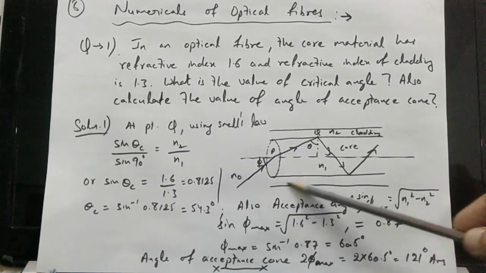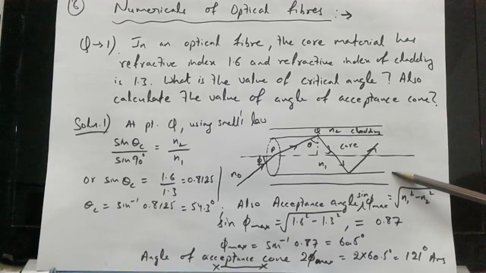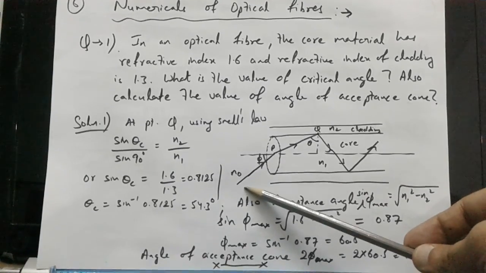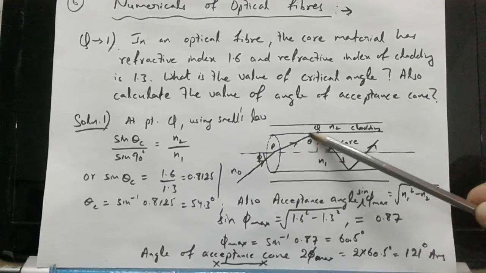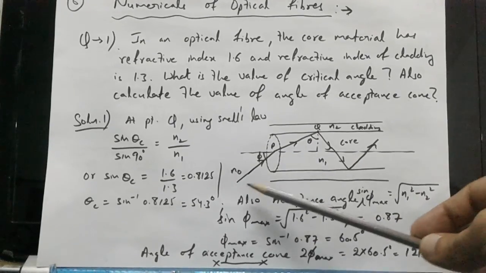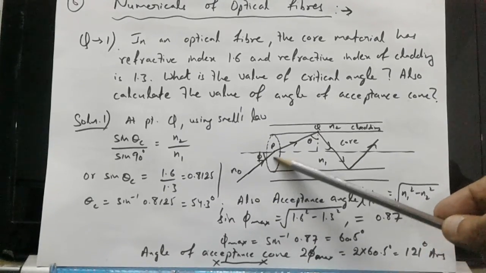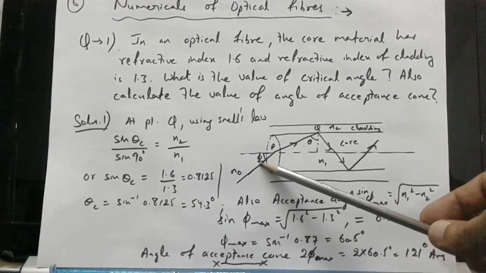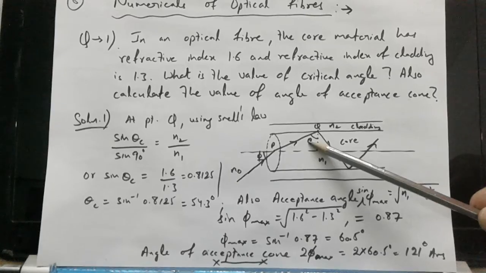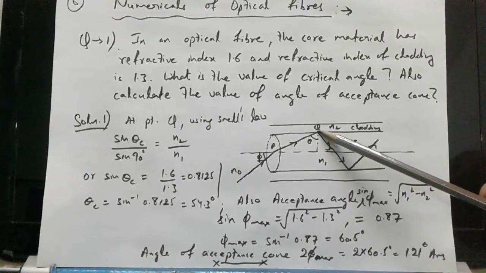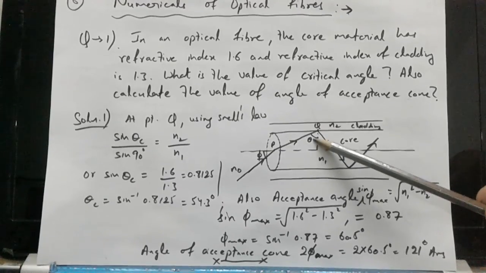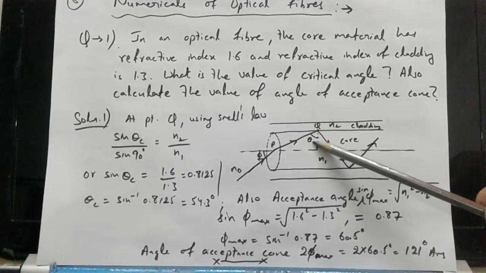So first of all, we have drawn the diagram of the optical fiber, and this is how the light travels inside the fiber. When it enters the fiber, angle of incidence is phi, and when it strikes point Q, which is the core cladding interface, the angle is theta.